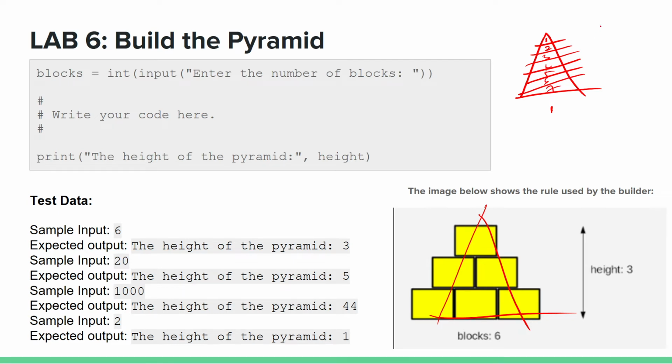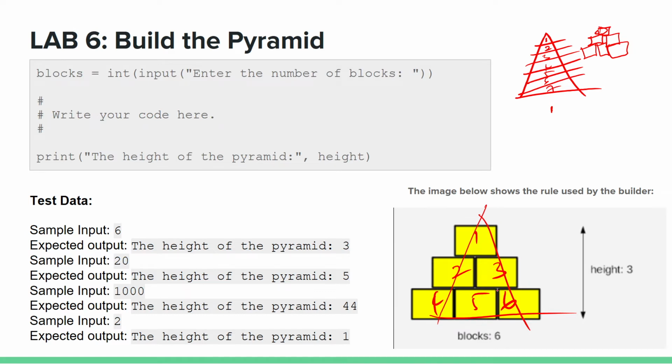So if there is one block on top, then the number of blocks below to build the pyramid will be two. Then the next layer under here to complete this pyramid will be three. Just like we have here: one, two, three, four, five, six. These are the numbers of blocks that we've been given.